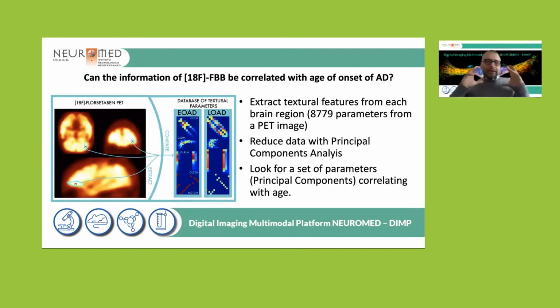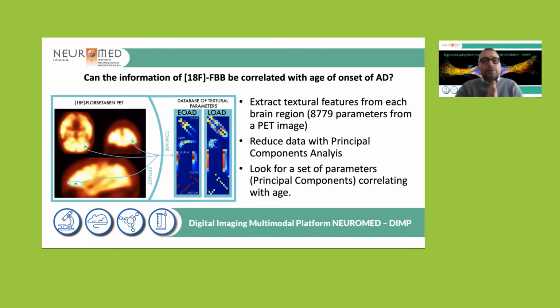The analysis we provided is the following. We can extract textural features from each brain region. There are some standard templates for segmentation, so we can segment one of the brain regions and extract textural features out of that. Then we reduce the data, because in that case we have almost 9,000 parameters.